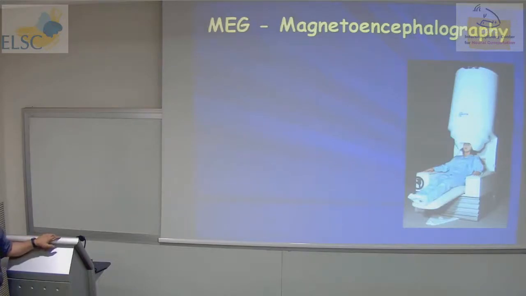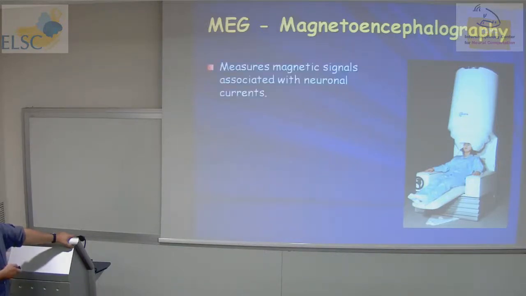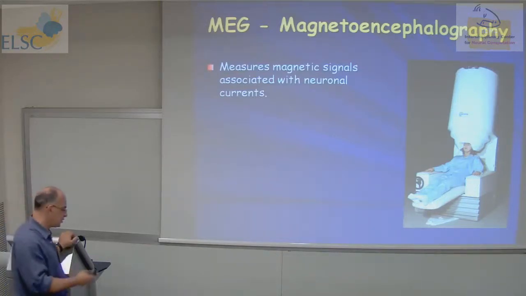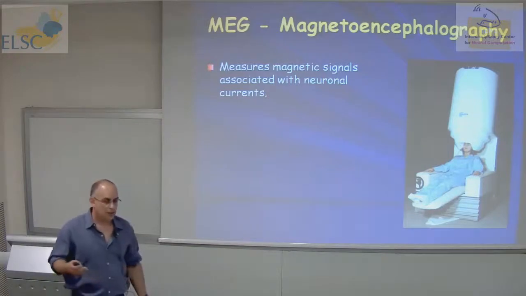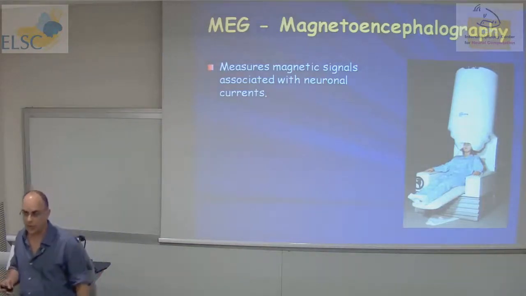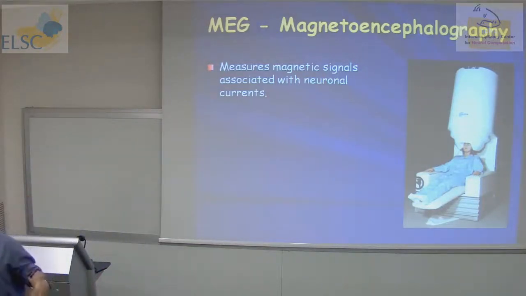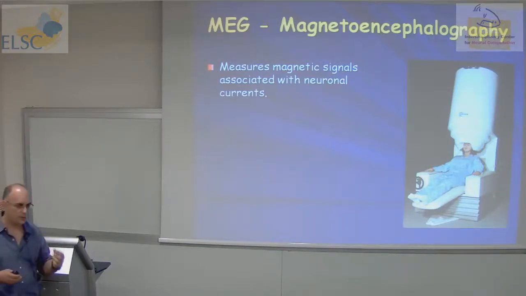So briefly about the MEG technology. The measurements that you get are very similar to EEG. There are some advantages and disadvantages. The main disadvantage is that it's much more expensive than EEG. It measures the magnetic signals of the brain that are associated with the neuronal current. They're roughly 8 orders of magnitude weaker than the ambient magnetic field, so you need to do everything in a shielded room, and you have very, very sensitive sensors.